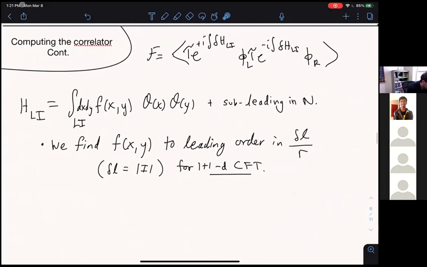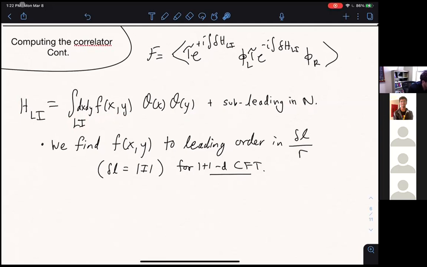But for a large N theory, you would expect, because of factorization, that this HLI takes the form of just bilocal integrals of operators over L and I, plus subleading corrections in N, but let's ignore those. So to leading order, what we would like to find is just this smearing function.